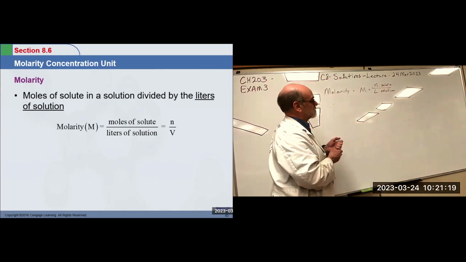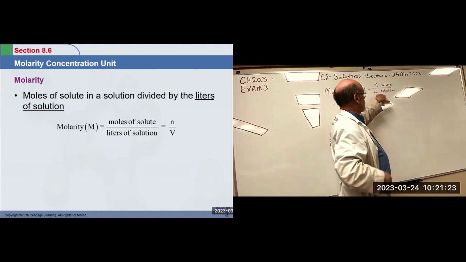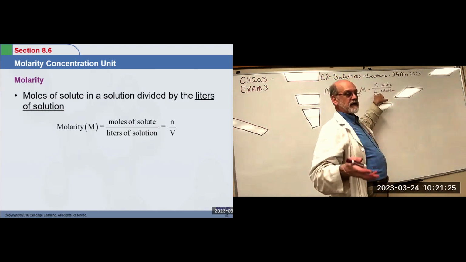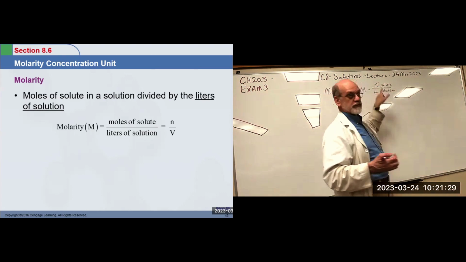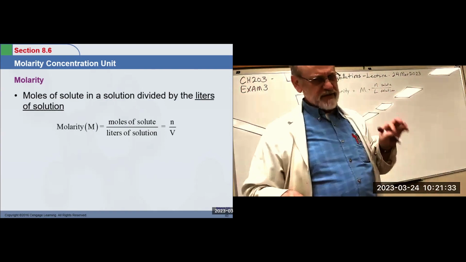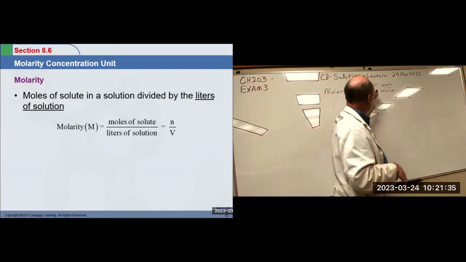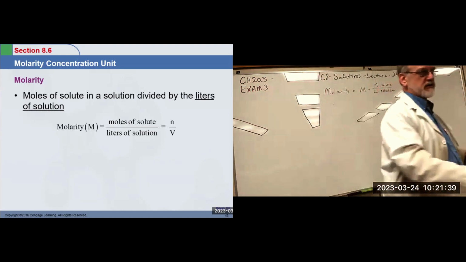So that's convenient. And then since it's expressed in these terms, if you have a certain volume of this solution, it's easy enough to determine how many moles of solute you possess. But since it has volume in the calculation, it is susceptible to temperature changes.